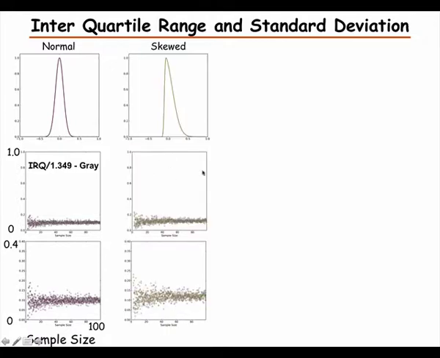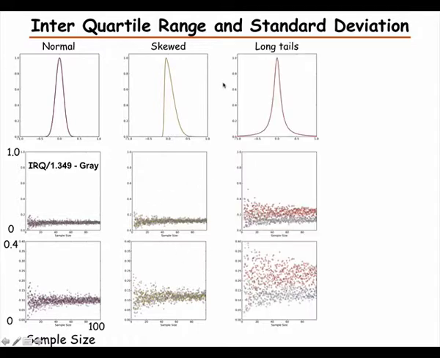Then in the skewed distribution, there is also not much of a difference. But when we come to the long-tailed one, we see that the interquartile range is a much better measure for this distribution than the standard deviation. And this is the same thing that happened when we compared the mean and the median.